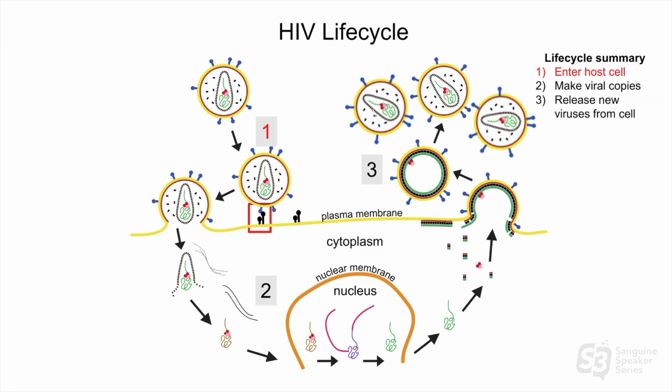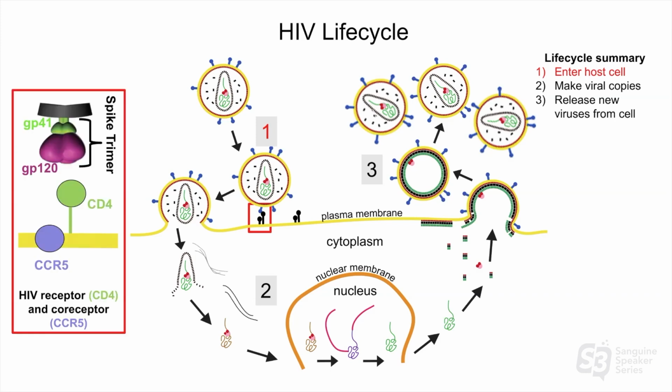I also wanted to point out that in the entry step, in the part that's in red, you see the envelope spike protein, which I'll call either Env or spike trimer. It is a trimer of 3 identical subunits.